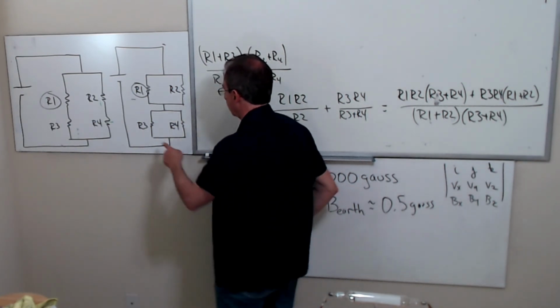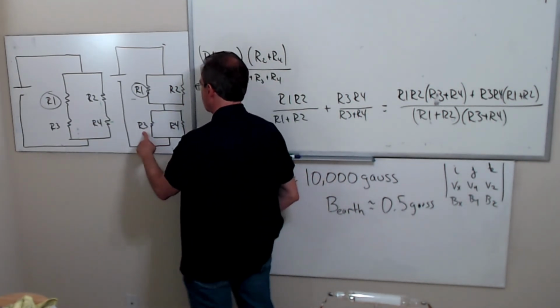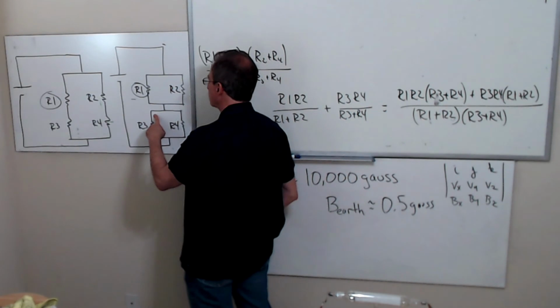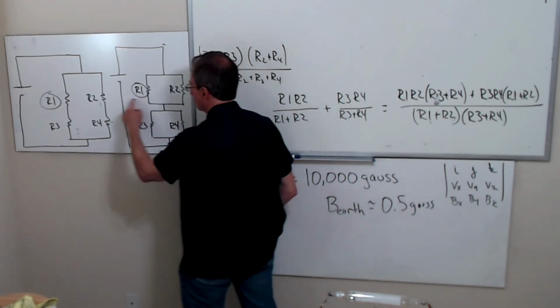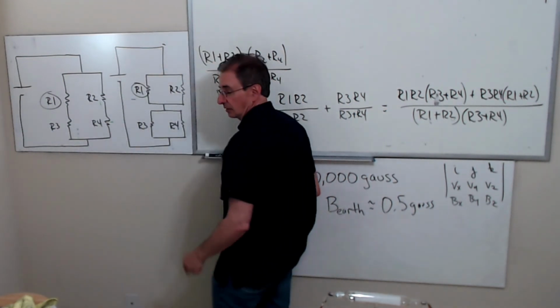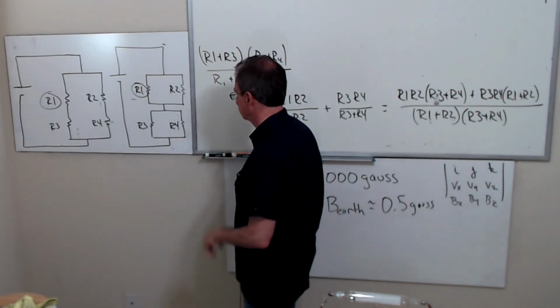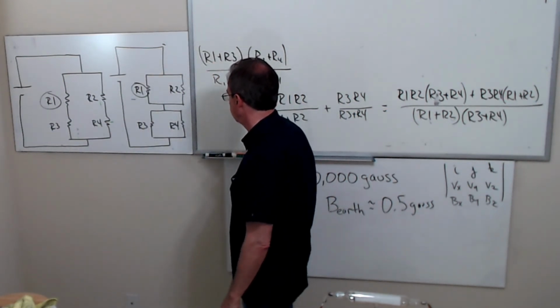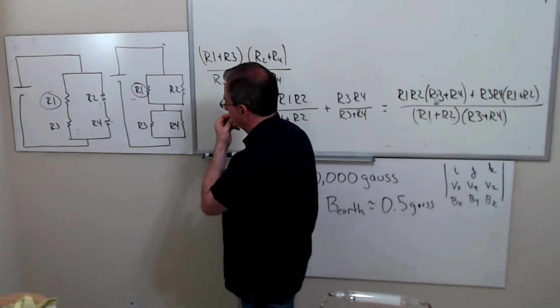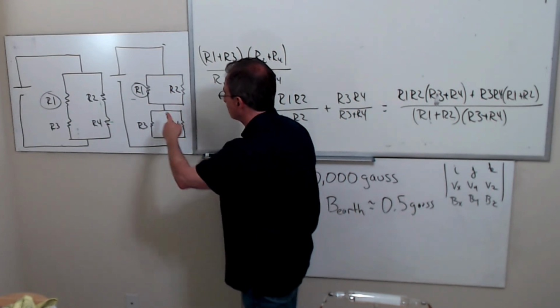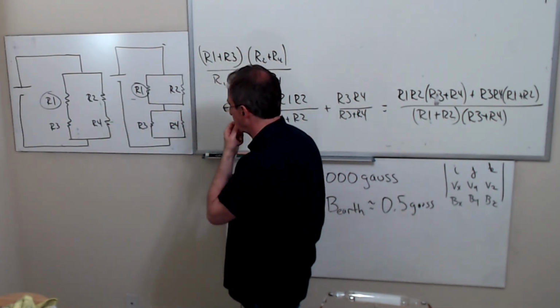In order to answer your question, it's hard to say anything definite because this number and this number are not the same. And I don't know if it's fair to compare those two circuits because they're different.